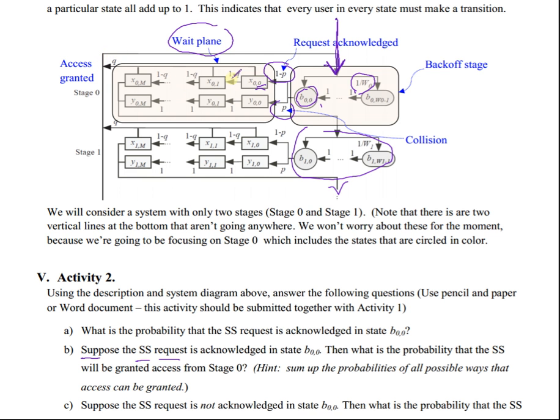But notice that the probability of being passed along is 1 minus Q, and then once you reach the state and have access granted, that's Q. So you're going to have this times Q. Now what I'm asking here is the total probability that by the time I finish with this line, I'll have access granted. I'll give you a hint. There's an easy way to find this without doing the sum if you use complementary probabilities. But you can also use a sum.